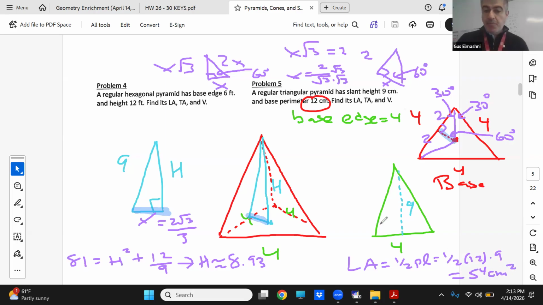My base, because it's a triangle, and because now I know I'm doing an equilateral triangle, if that's 4, that's 4, that's 2, that's 2√3. Yeah, that should be 2√3. Make sure I'm doing all this correctly.